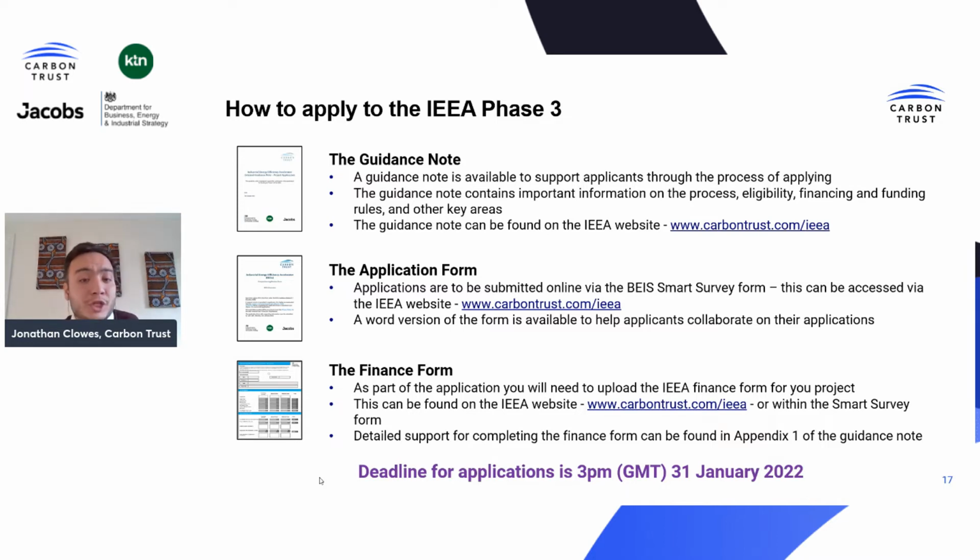So we've therefore also prepared a Word version of the application form, which exactly mirrors the online version. So you can share that around and work together on your full application using that as well before you finally submit via the online form. Please do note, however, that the final application has to be made via that online form and the Word version won't be accepted.